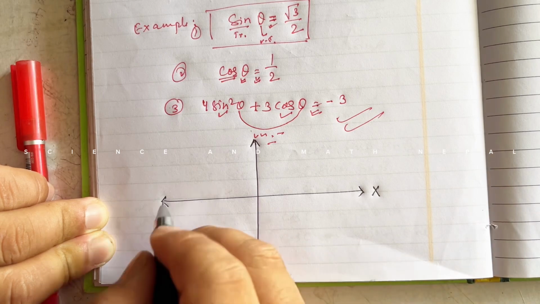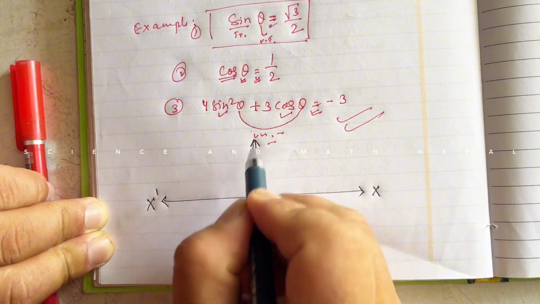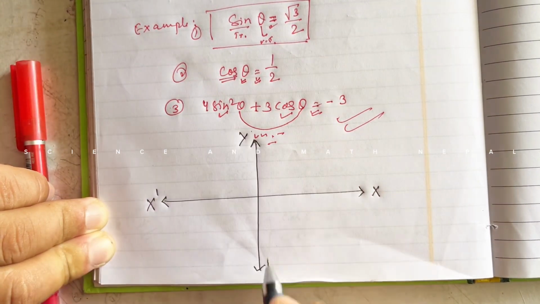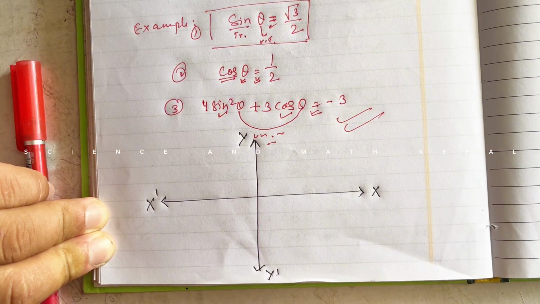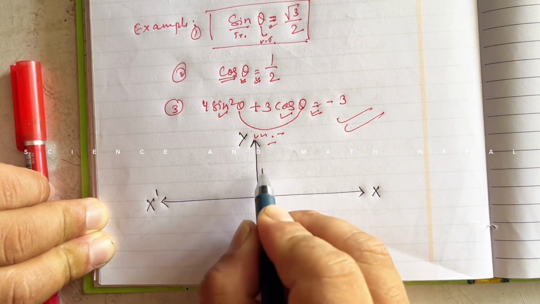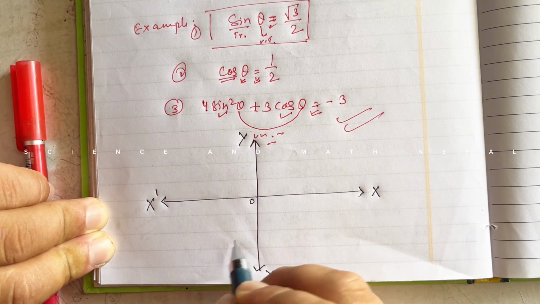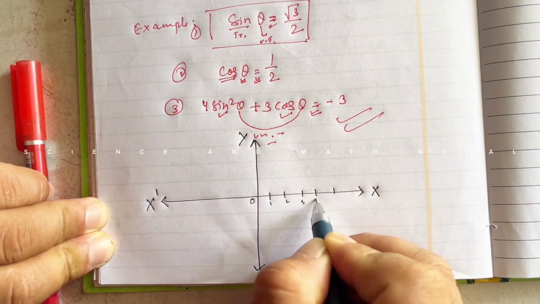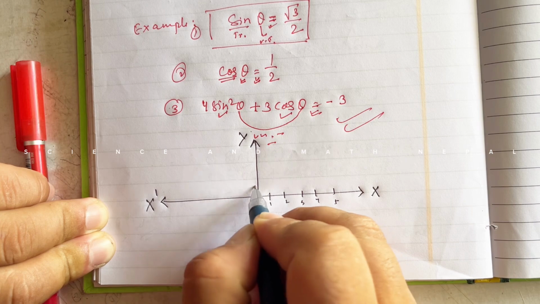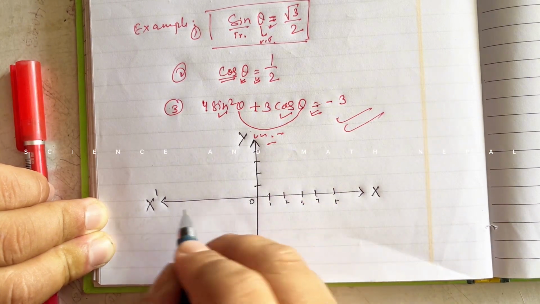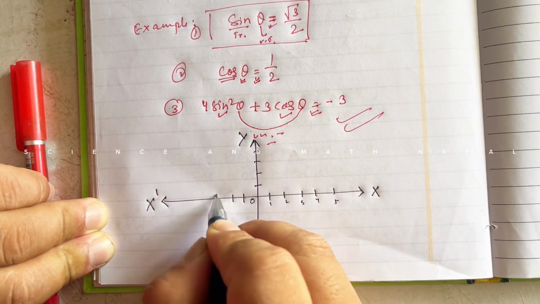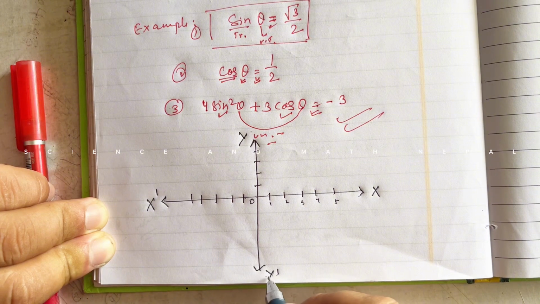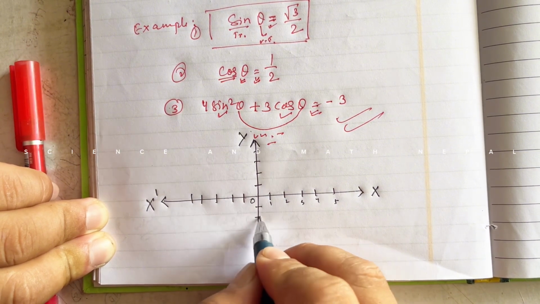On the right side we have x, on the left side we have x dash, on the uppermost side it is y, and the down side it is y dash. The meeting point of the x-axis and y-axis is 0. On the right we have positive x, 1 2 3 4 5. The upper one is positive y, 1 2 3 4, and the left side is negative x, -1 -2 -3 -4. In the same way, the down part is negative y.